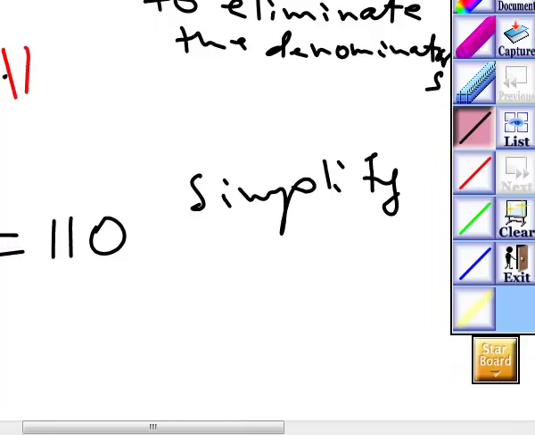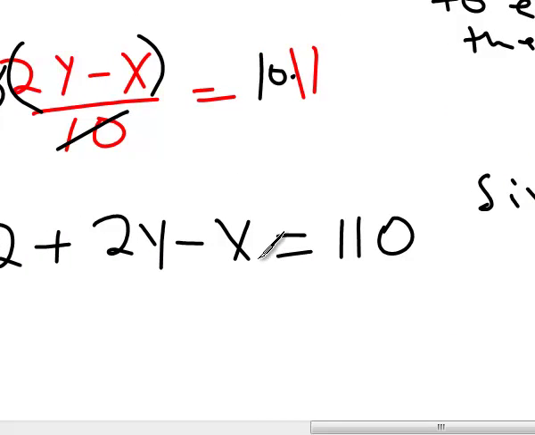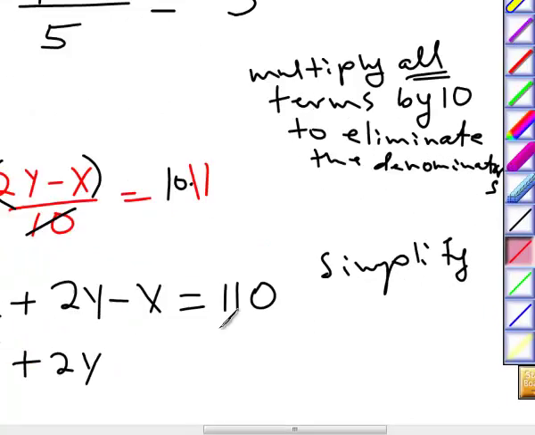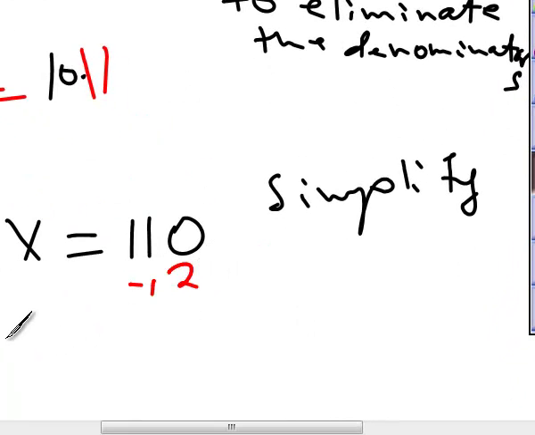So we got 2x minus 1x, that'd be 1x, plus 2y. And what would we do with that 12? You want to move it over to the other side, apply minus 12 to both sides. And so that gives us x plus 2y equals to what?